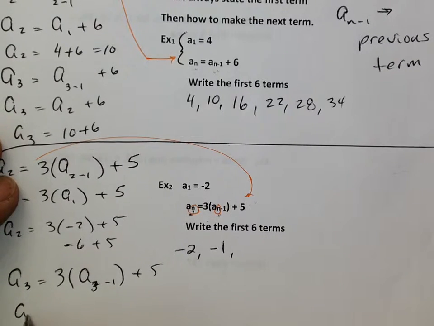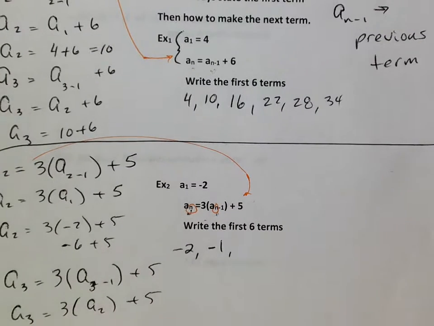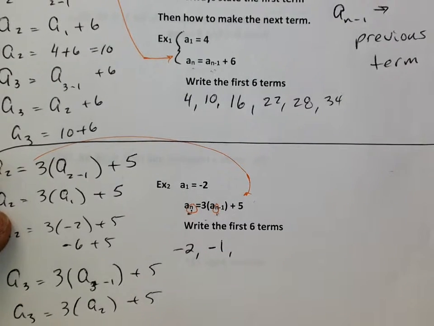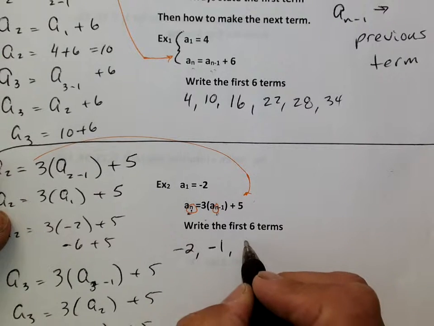So A3 is equal to 3 times A of 3 minus 1, plus 5. That's 3 times A2 plus 5. But I know A2. A2 is -1. So A3 is equal to 3 times -1 plus 5, which is -3 plus 5, which is 2.